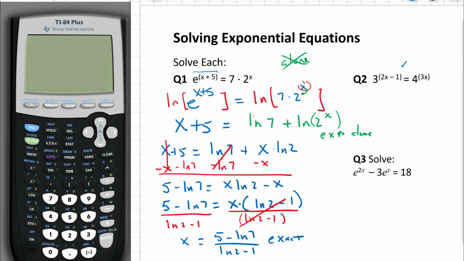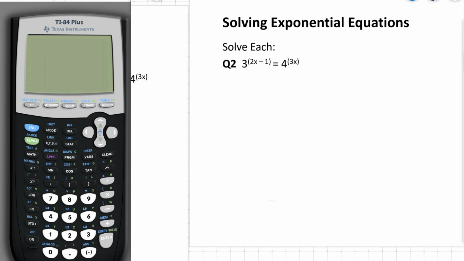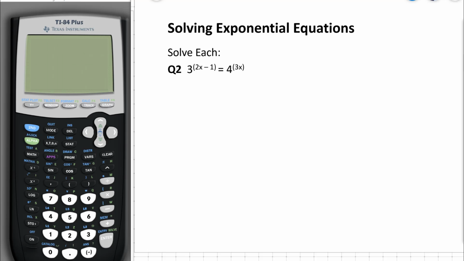These next two I will solve also, but I have special slides for them, so I have plenty of space coming for these. So let's take a look at that second one. It's something similar to the last one in that it has two exponentials in it, one on each side. One is base 3 and one is base 4.